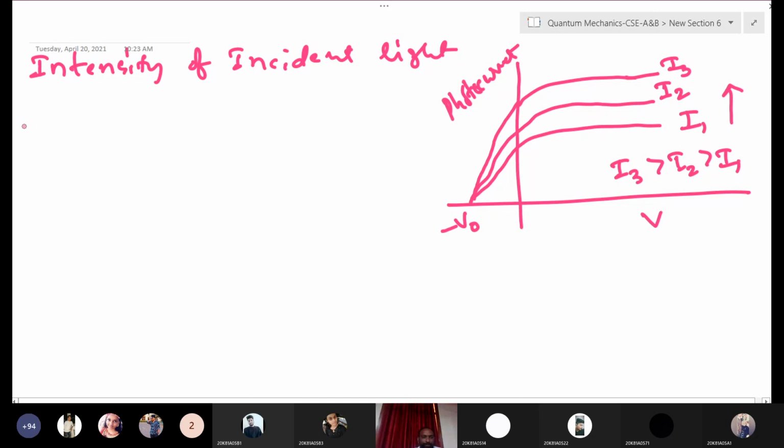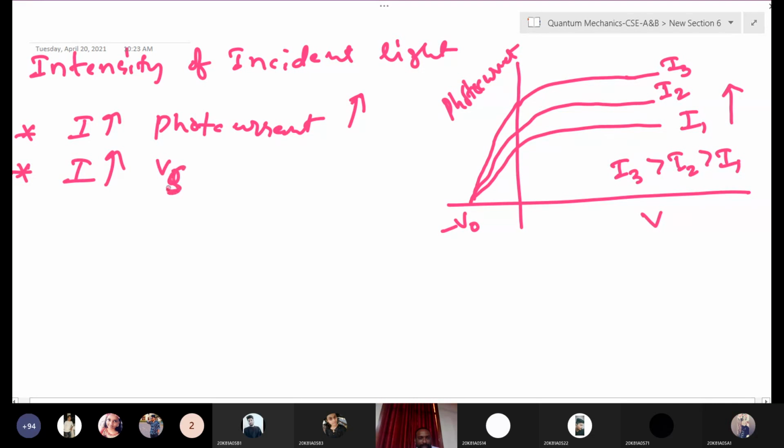Here you have to note down two points. If you increase the intensity, the photo current increases. The second point is very important: if you increase the intensity, the stopping potential, Vs or V0, will not change. Why is the stopping potential not depending on the intensity of incident light?